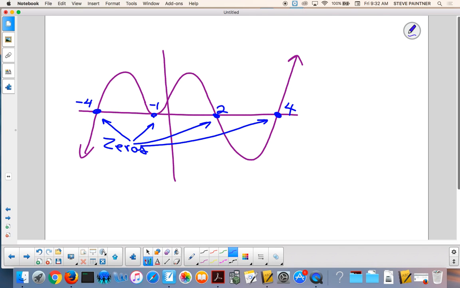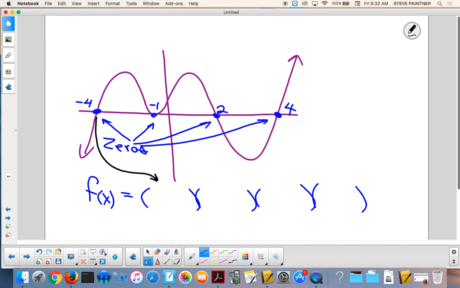-4, -1, 2, 4? Yep. Okay, so zeros come from factors, right? So you would write 4 factors. This zero, -4, came from what factor? X plus 4. This one came from what? X plus 1.